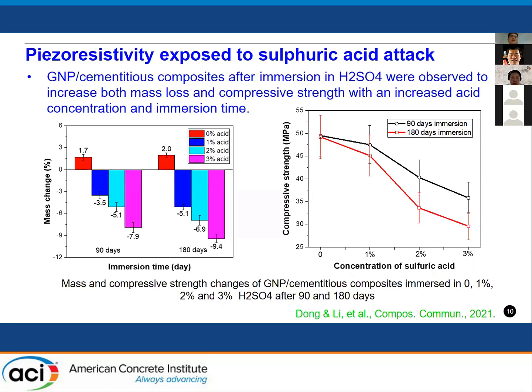Now let's look at the mass change and compressive strength after exposure to acid solution. Firstly, we can see the mass change increases with the increased acid concentration and immersion time. Similarly, the compressive strength decreases with the increased acid content and also the immersion time, as you can see from here.